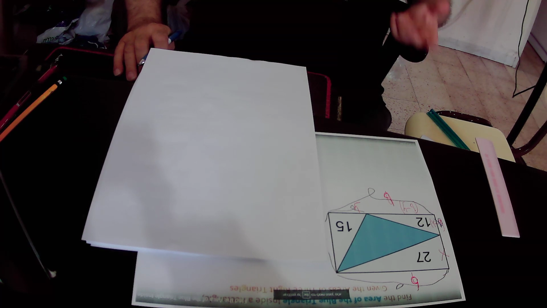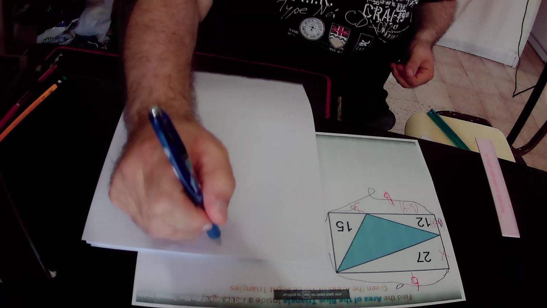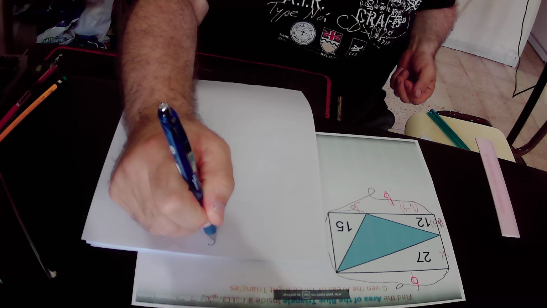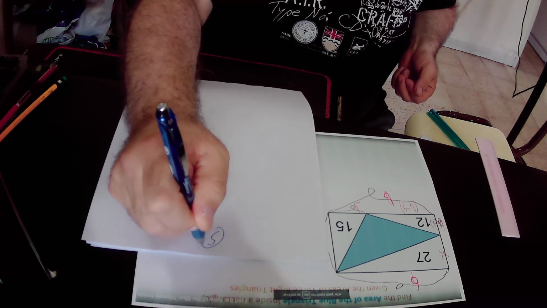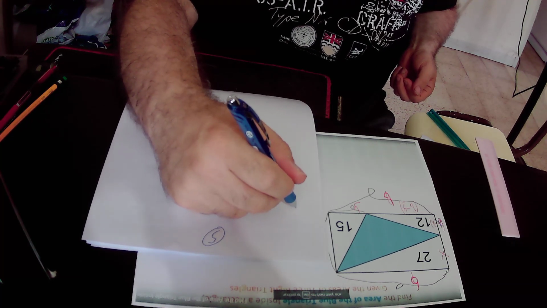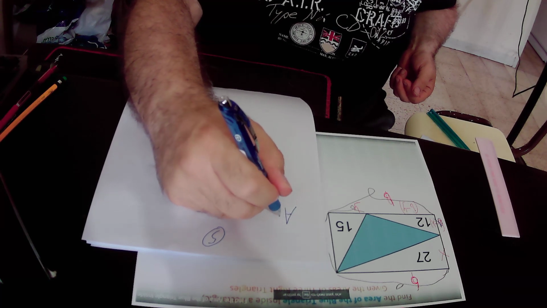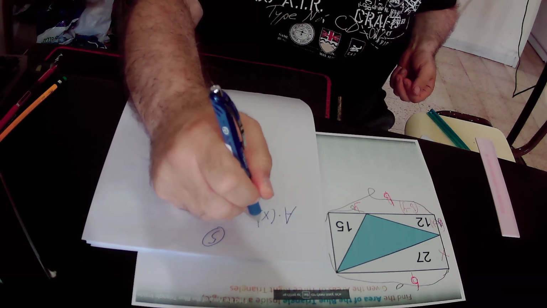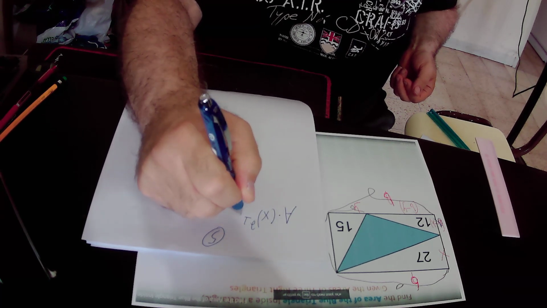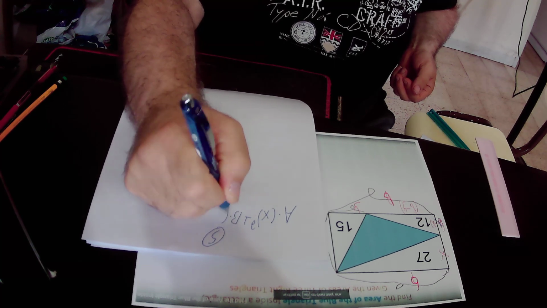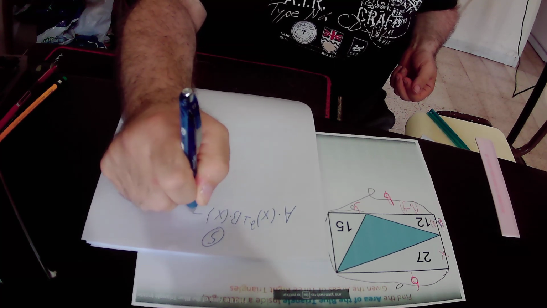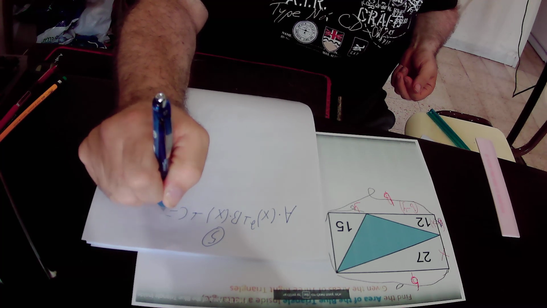That is to say, the values of a, b, and c, and also the value of x. So I will write down the general formula for the quadratic equation. A times x squared plus b times x plus c equals 0.